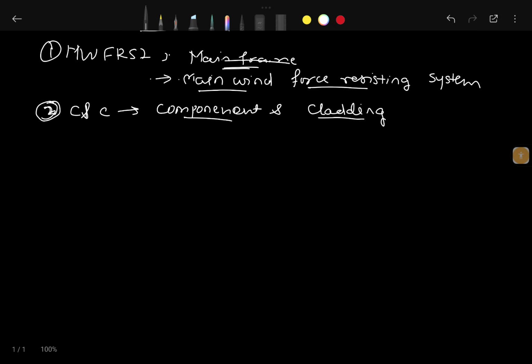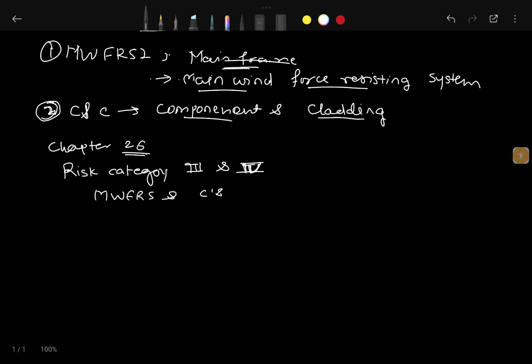So first of all, let's see this provided in chapter 26. The wind speed we have to calculate in risk category 3 and 4 for buildings and other structures, including MWFRS and C&C buildings.